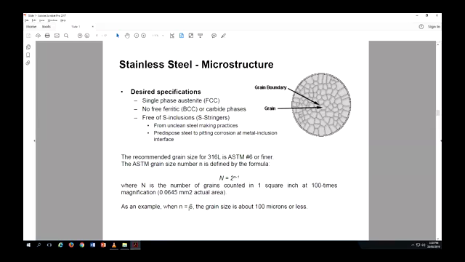For N equals 6, this is the size that you will get, 100 microns per grain. And in this standard they have figured out what grain size gives you what kind of material properties: tensile properties, compression, failure, fatigue failure, all sorts of mechanical properties that we talked about last time as well.